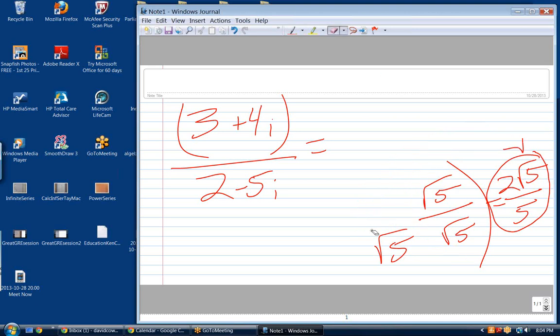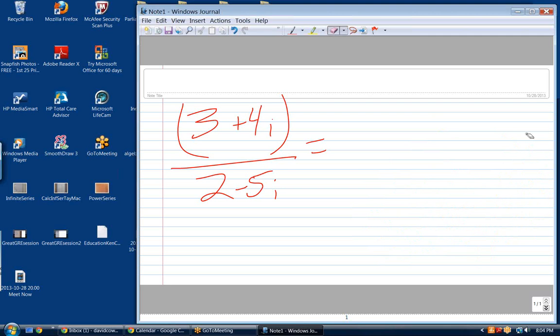Same principle for imaginary numbers. What we want to do is realify this denominator. Right now we have an imaginary denominator. You don't want that any more than you want irrational numbers as denominators. So we're not really going to do division.